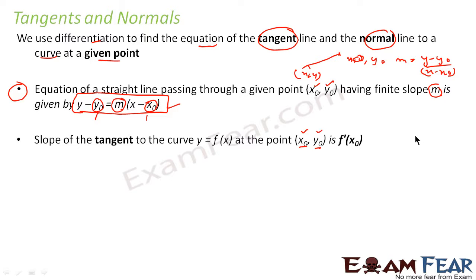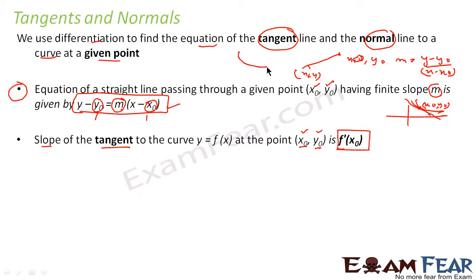Slope is defined as, if you have some curve and at this point you want to find the slope, you find the derivative of this function at this point. So please note, the slope of tangent is nothing but f dash x0, because this point is x0, y0. At this point x0, you just find the derivative, and that becomes the slope of the tangent. Correct?